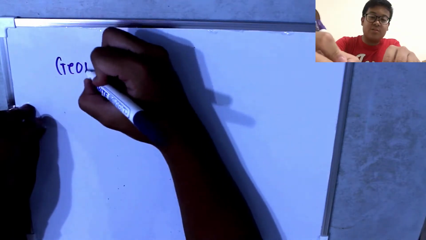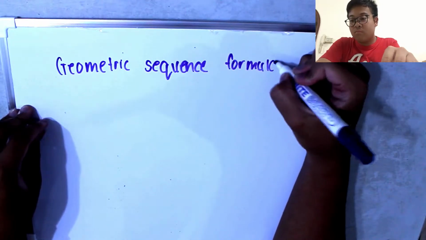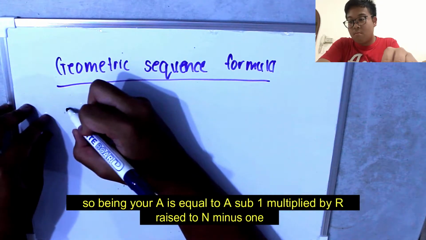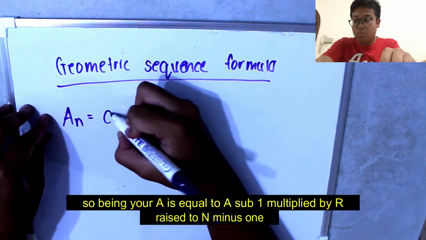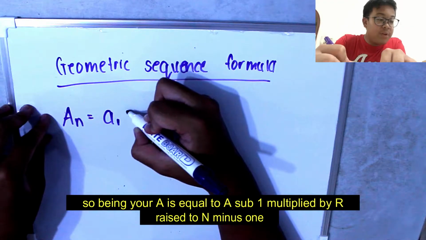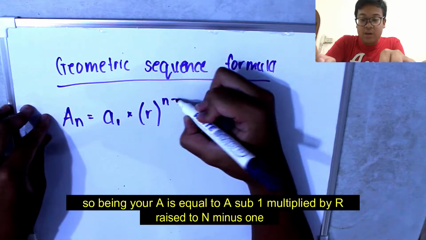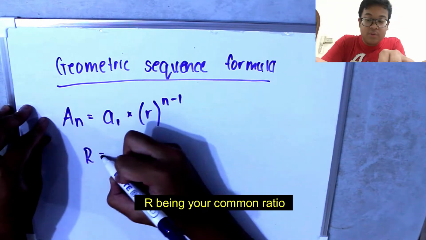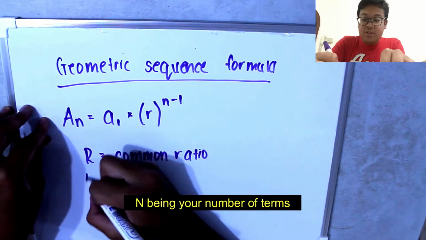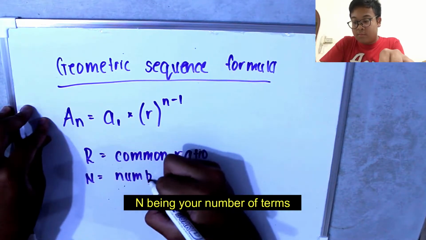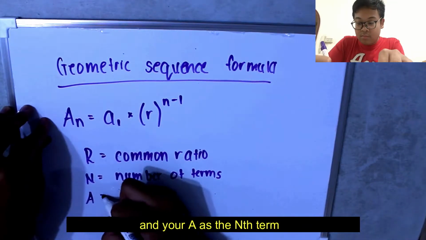A sub n is equal to A sub 1 multiplied by r raised to n minus 1. r being your common ratio, n being the number of terms, and A sub n as the nth term.